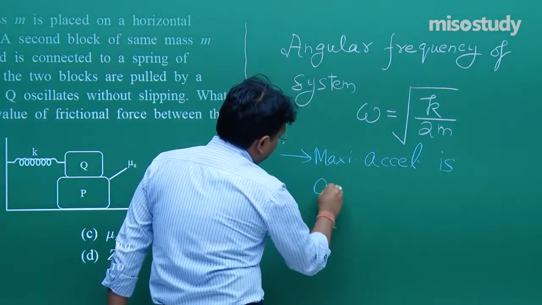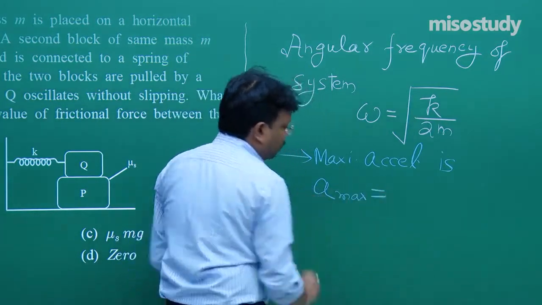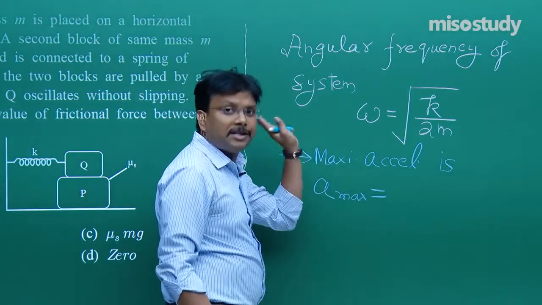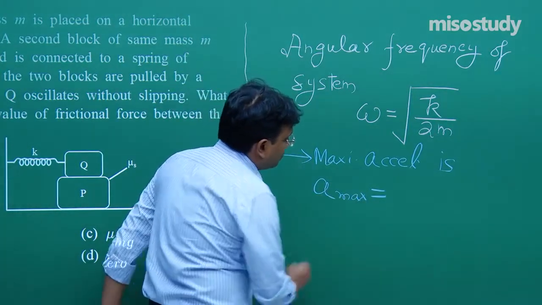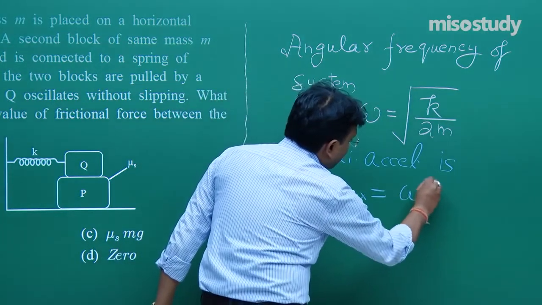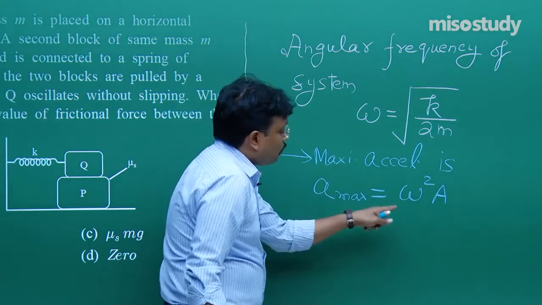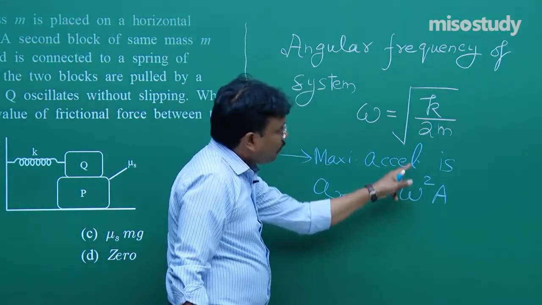is given as A max is equal to, obviously we are talking in terms of maximum acceleration of the system P and Q. So maximum acceleration A max is equal to omega square A, well known relation, we know that, fine. So omega square A, or what is the value of omega?